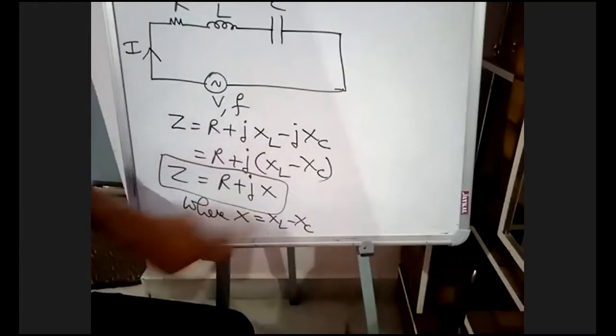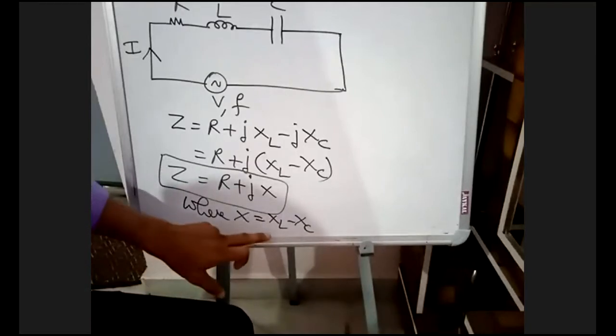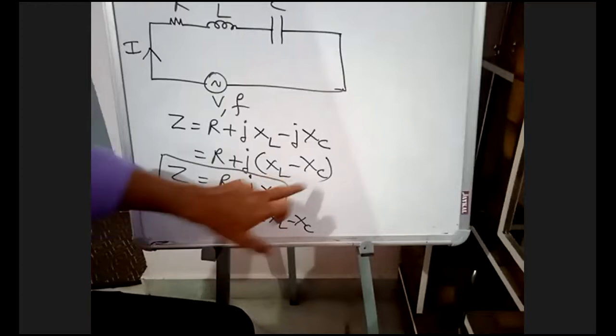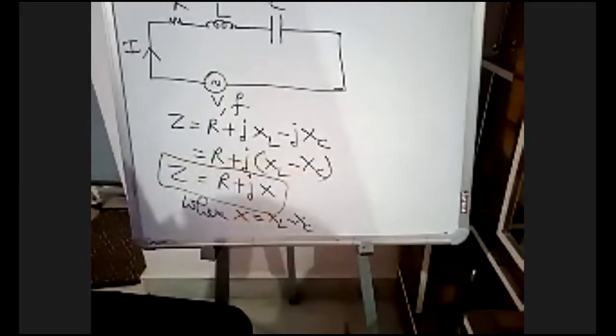When can you say X is positive? If XL is greater than XC, your X is positive. If XL is less than XC, X is negative.